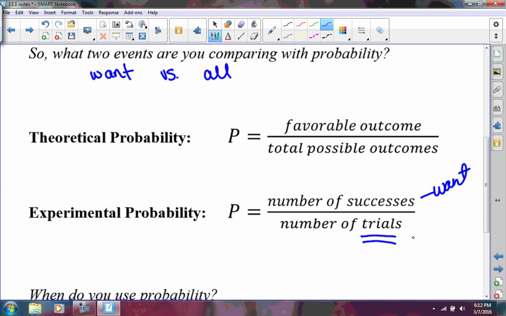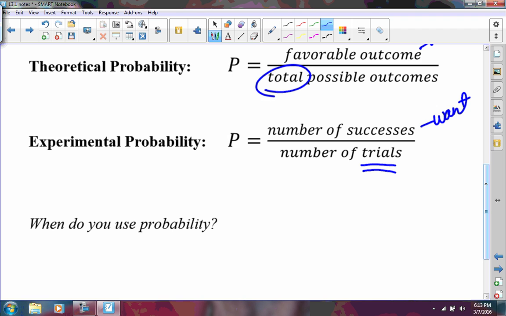So that's the difference between experimental and theoretical. Theoretical is out of the total possible outcomes, but experimental is just out of however many times you try. But they're pretty much the same thing. It's what you want out of the total. Okay, so the favorable is what you want, and then the total is on the bottom.